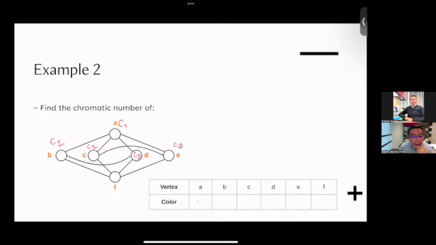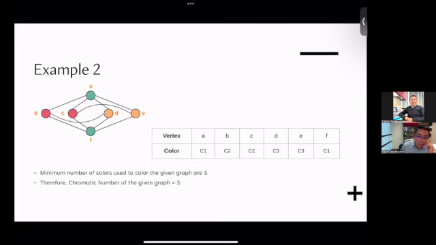And lastly, we go to F. In F, I try C1. And I see that F is not connected with A, that is the only vertex with the color 1. So I can use C1 here. So that means that here the chromatic number is going to be 3. And that's exactly what we are saying here.